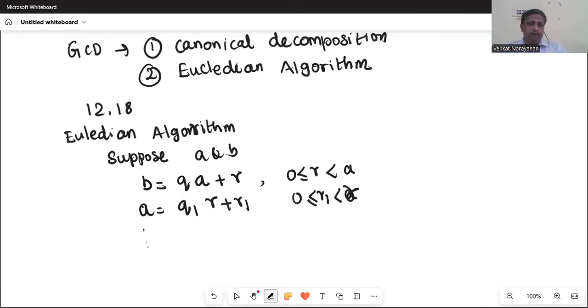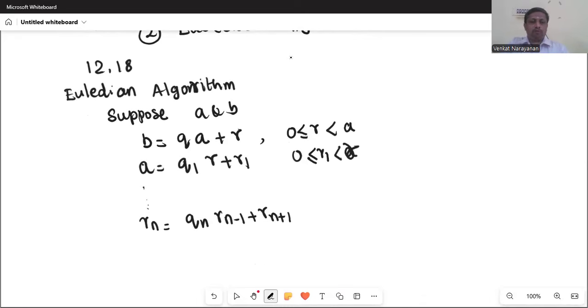In a similar manner, we can proceed. We can get Rn = Qn times R(n-1) plus R(n+1). The next step we can move: R(n+1) divided by R(n+2) with quotient Q(n+1) plus remainder 0.